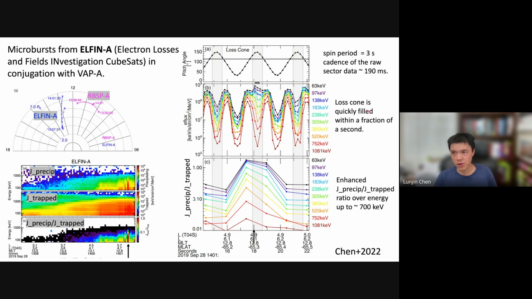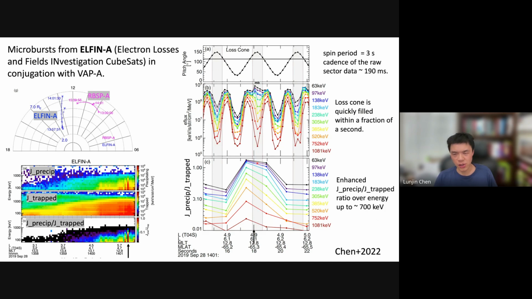And as I said, the loss cone is quickly filled within a fraction of a second. And then if you look at the flux ratio, you start to see that for low energy, the flux ratio decreases with increased energy all the way to 700 keV.